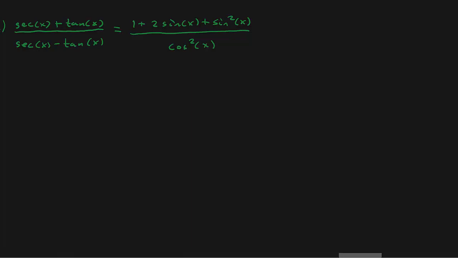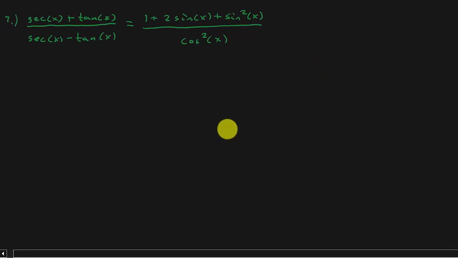Well, they both kind of look complicated. So far, what I've done is take the more complicated looking side and reduce it to the other side. And remember earlier in the video we had that one problem where both sides looked the same, so I just took one side and simplified it to the other side.